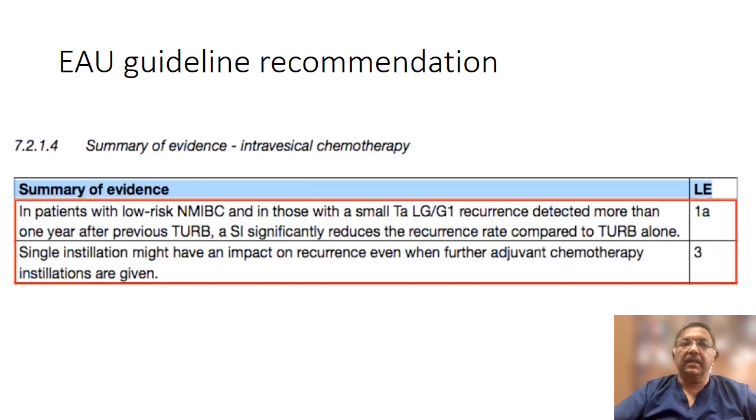So intravesical therapy is really recommended in low-risk patients in whom there is a recurrence detected more than 1 year after previous TURB. Generally, low-risk patients can be treated by a single intravesical instillation after surgery and nothing else, as long as they remain disease-free.